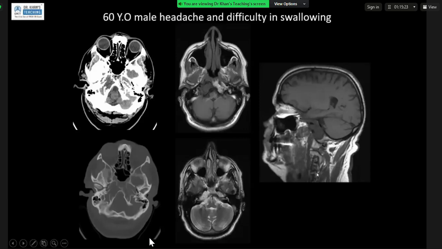We don't have post-contrast imaging here. So the differential diagnosis of a tumor at this location includes glomus jugulare and schwannoma. Given the erosive pattern, glomus jugulare is favored over a schwannoma. Another differential would be petrous apicitis.